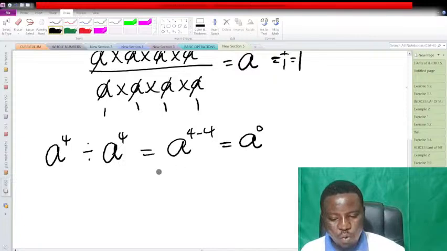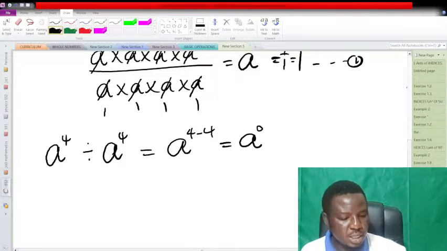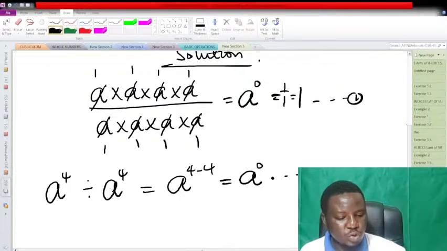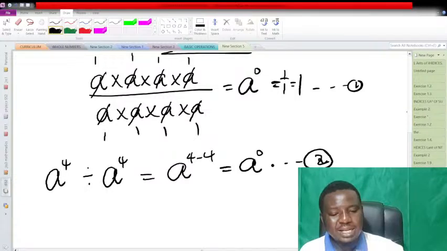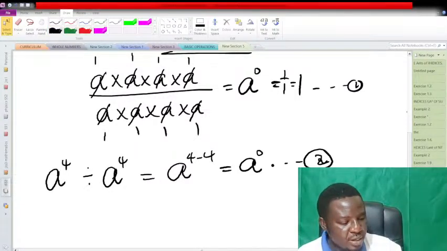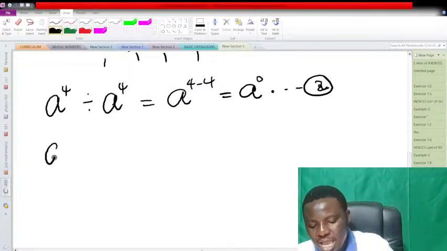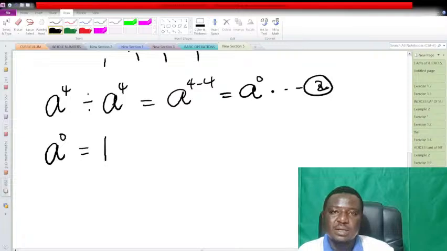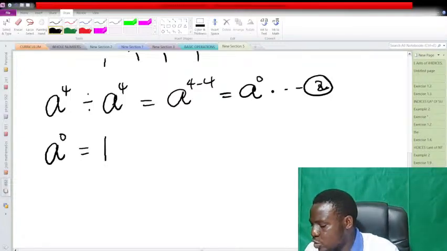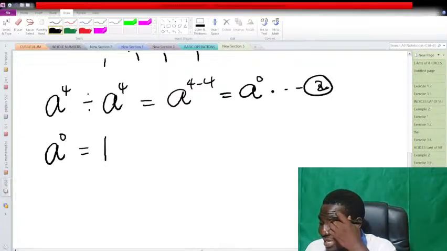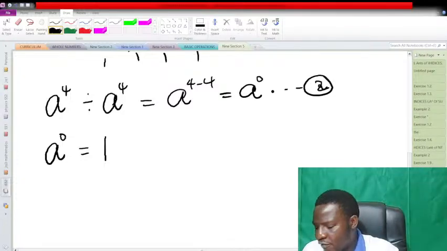And since equation 1 and equation 2 are the same, if I call this equation 1 and call this equation 2, and they both give us the same answer, then we can say that a raised to the power of 0 is equal to 1. This is what we refer to as the zero law of indices.